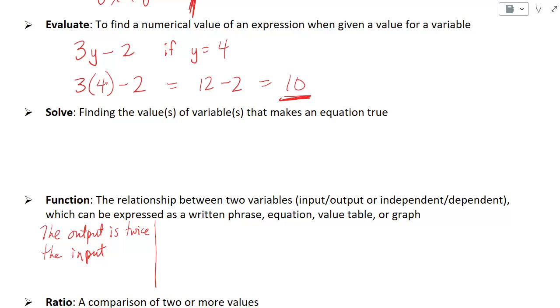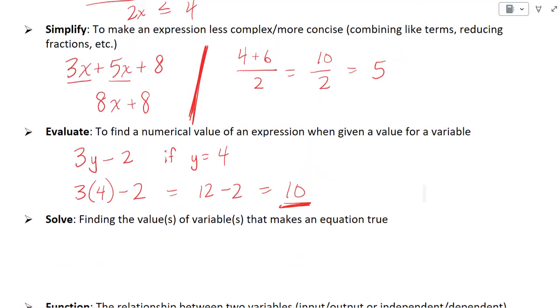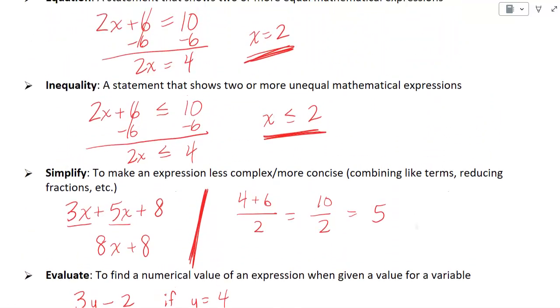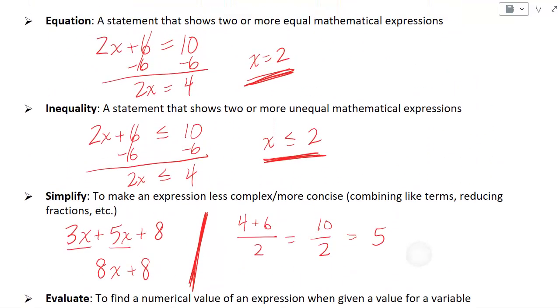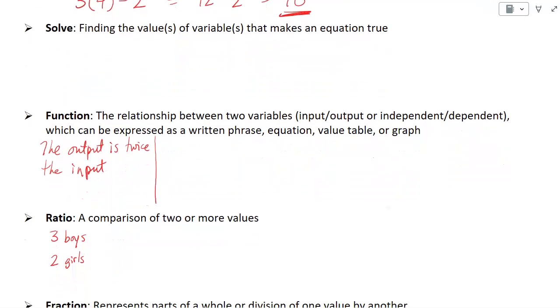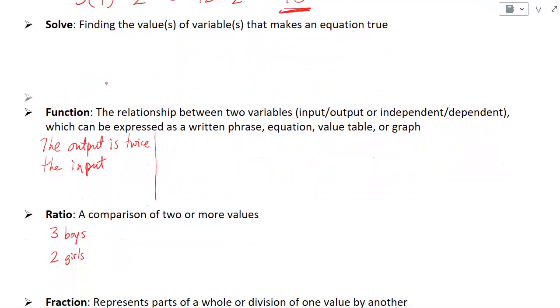Solving is when you find the value or values of one or more variables in an equation that make that equation true. I kind of already gave you an example up above when I went over what an equation was. I actually went ahead and solved it, so that sort of covers that. But again, I'm trying to make up an example off the top of my head that'll work out evenly, but that's okay. I'm just going to make one up. It doesn't have to actually work out evenly.